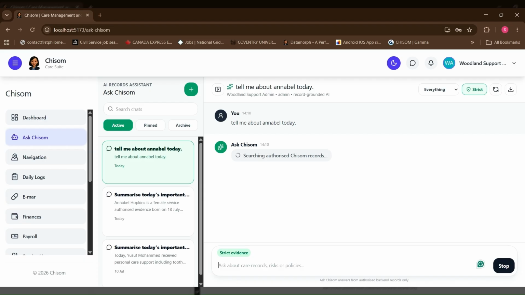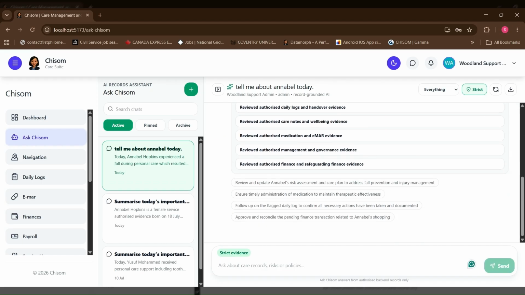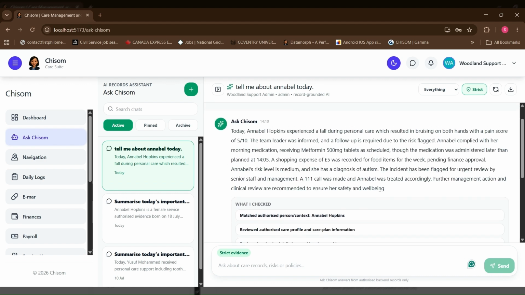The system checks all the records for Annabelle and pulls them out, and then admin can know at a glance what happened without reading everything about each service user. That is innovative. That is the essence of this innovation.